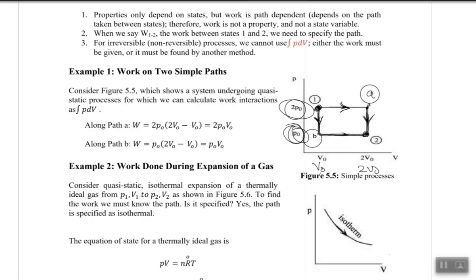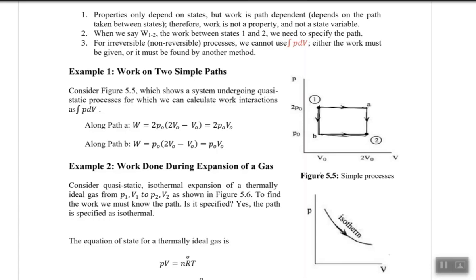So in the first path, I'm changing the volume while keeping the pressure constant, and then keeping the volume constant while changing the pressure. That is path A. In the second path, I'm first changing the pressure, keeping the volume constant, and then keeping the pressure constant while changing the volume. So this is my different path.